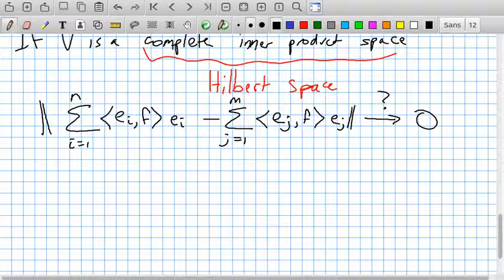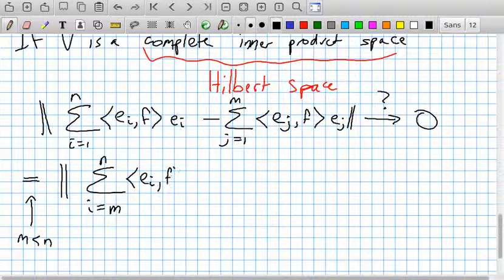Notice that this thing here is going to be equal to, let's take, without loss of generality, m being smaller, the sum from m up to n. And this can be bounded above using the triangle inequality.